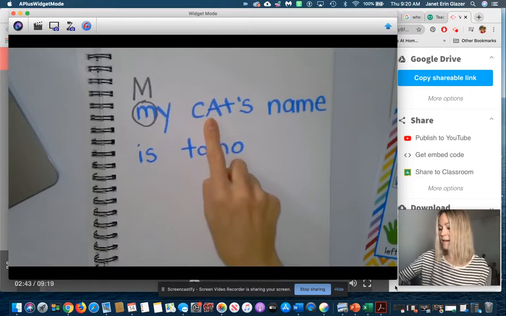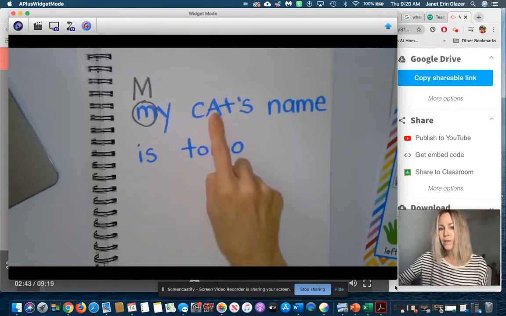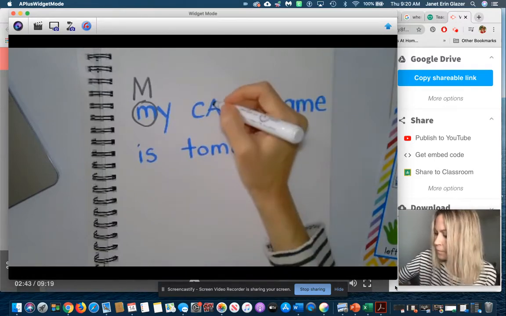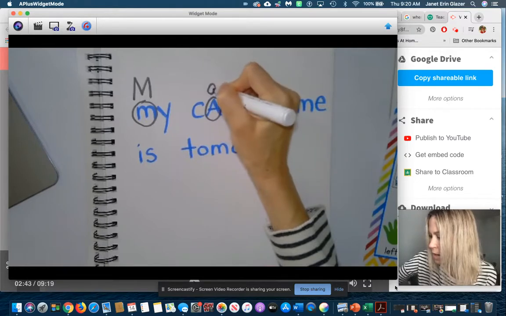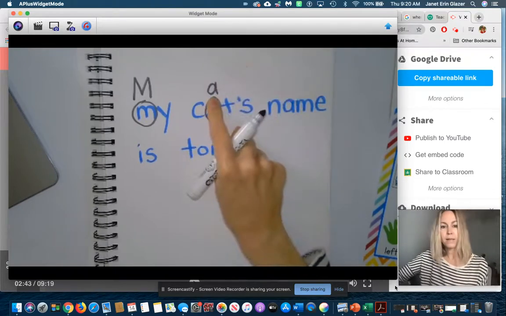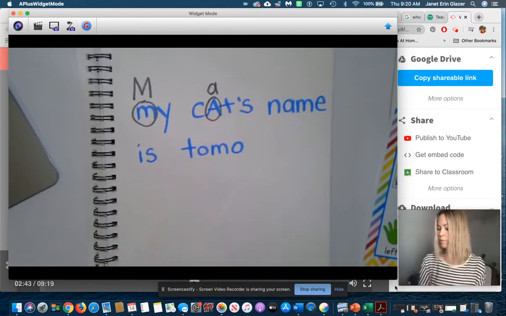This word is not a name. And there's a capital letter just placed in the middle of the word. So that does not go there. That should have been a lowercase. My cat's name is Tomo.